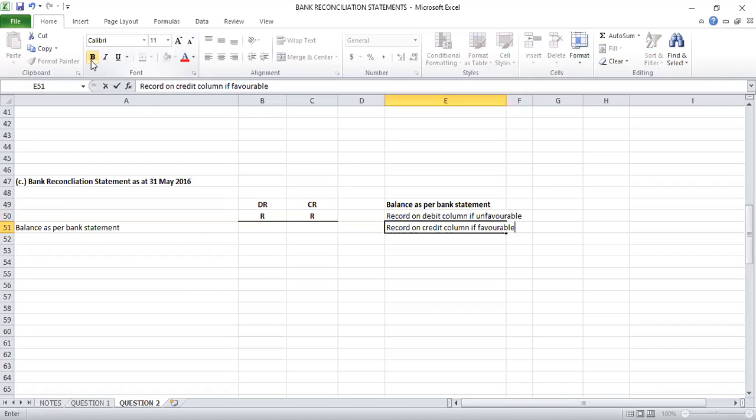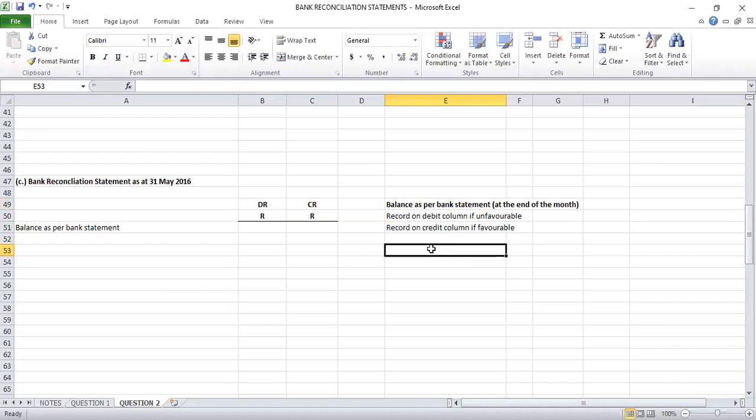So before you record your balance as per bank statement at the end of the month, let me just emphasize that this is at the end of the month. You record on the debit if it's unfavorable, and on the credit if it's favorable.